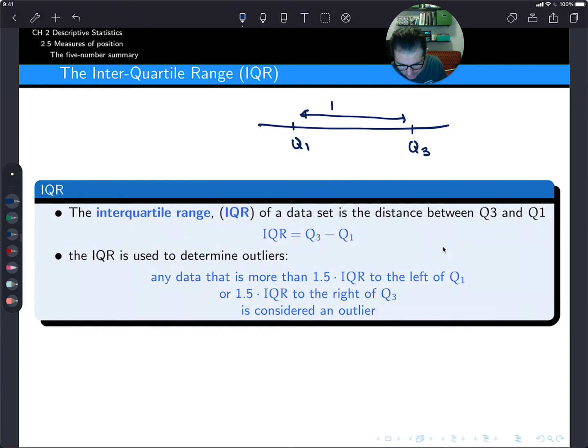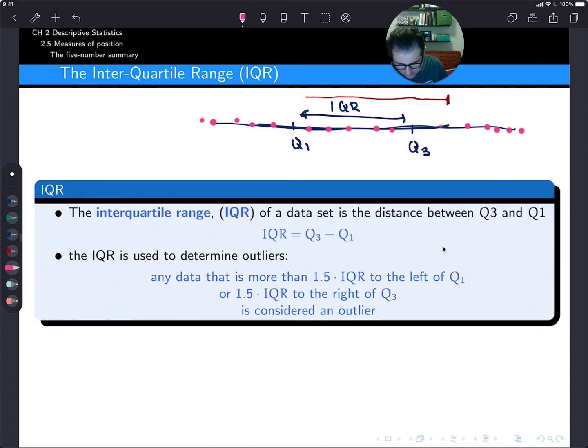So you multiply the IQR by 1.5. That distance times 1.5 would be something like that. I don't know where my data points are, but assume I have a number line and I have some values here and some values over here.